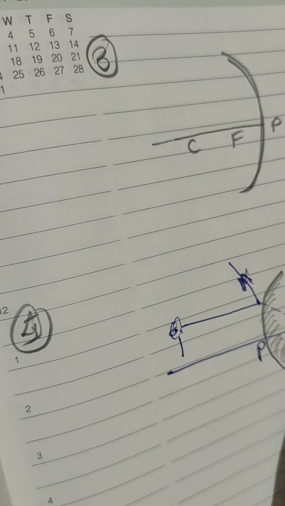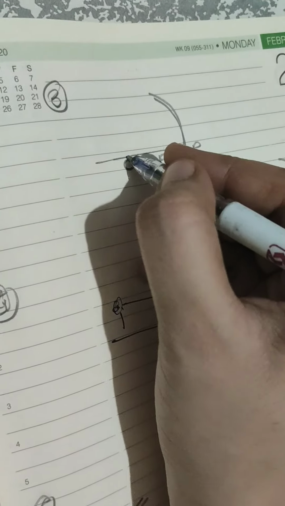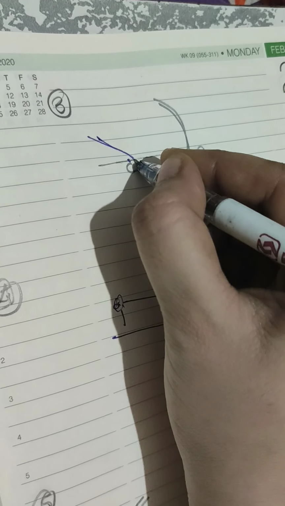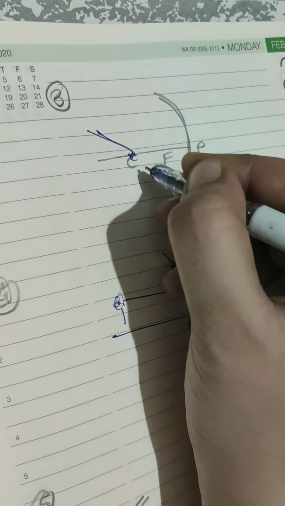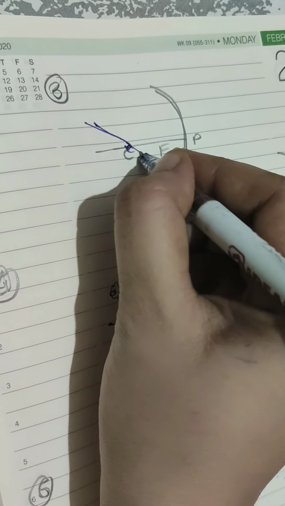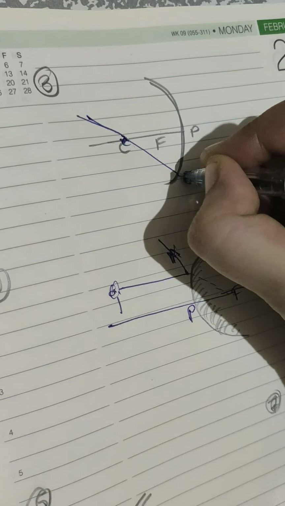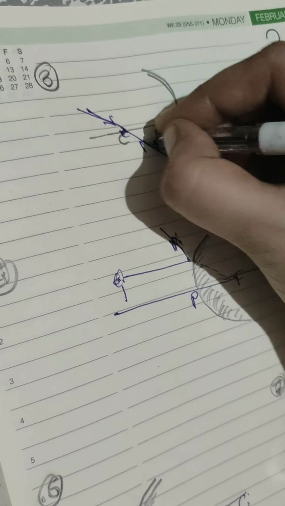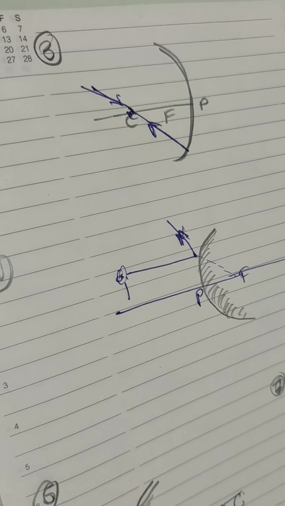Next, a ray coming through the center of curvature, that is this. When a ray comes through the center of curvature, it will go back the same way.